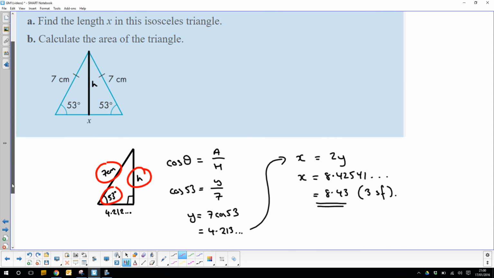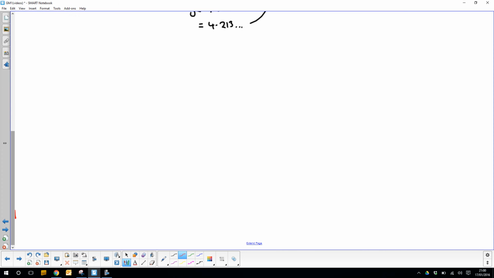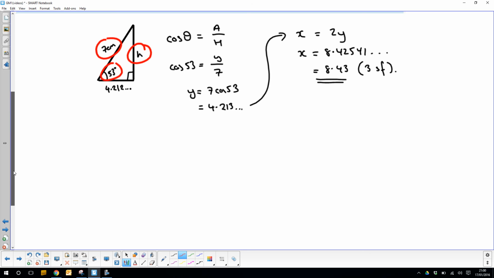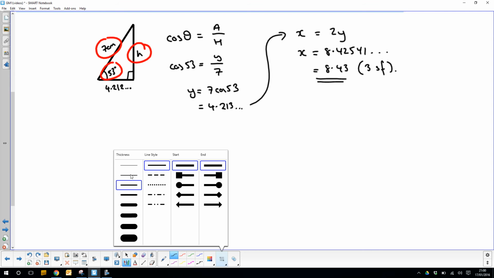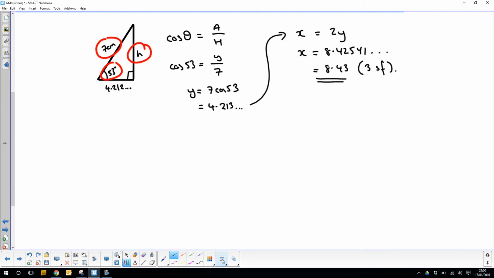I'm going to scroll down for a second and go to my triangle there, and we'll use some quick trigonometry to solve. So what have we got? If this is the angle, 53 degrees, opposite and the hypotenuse, so that's sine.